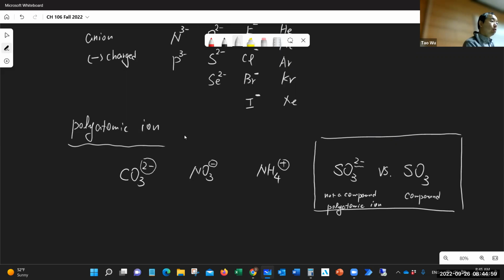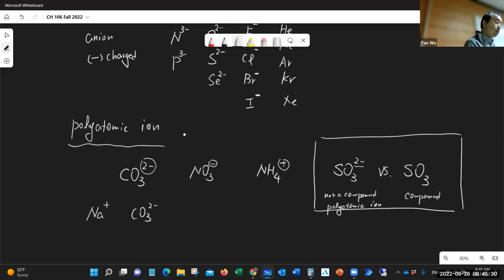And just to let you know, a polyatomic ion can also combine with another ion to make a compound. For example, sodium carbonate. Sodium has a 1 positive charge, and carbonate has a 2 negative charge.